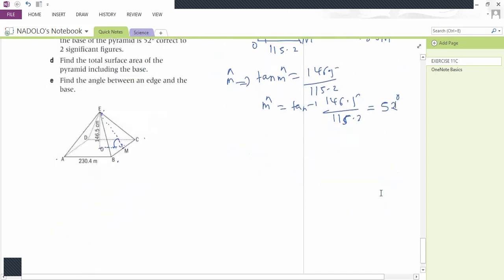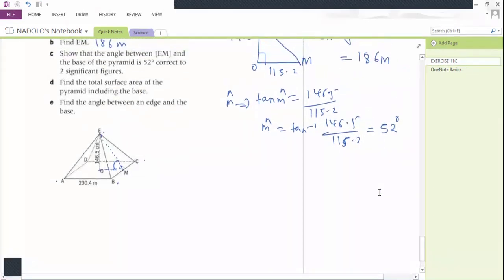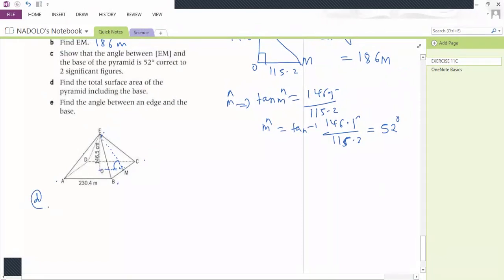Right, find the total surface area of the pyramid. So what is the total surface area? Total surface area is given by the base area plus area of triangles.